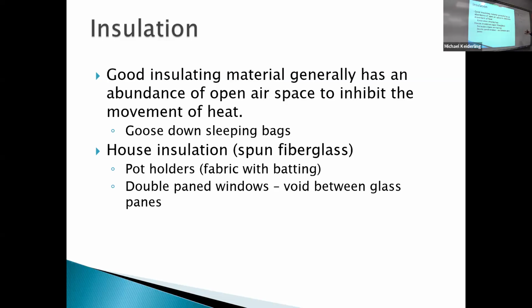So it can't get replaced by cold air from somewhere else, for example. So you're preventing both conduction and convection. So house insulation is commonly spun fiberglass. Pot holders are fabric with batting. There are multiple layers of fabric with packing material in between them.